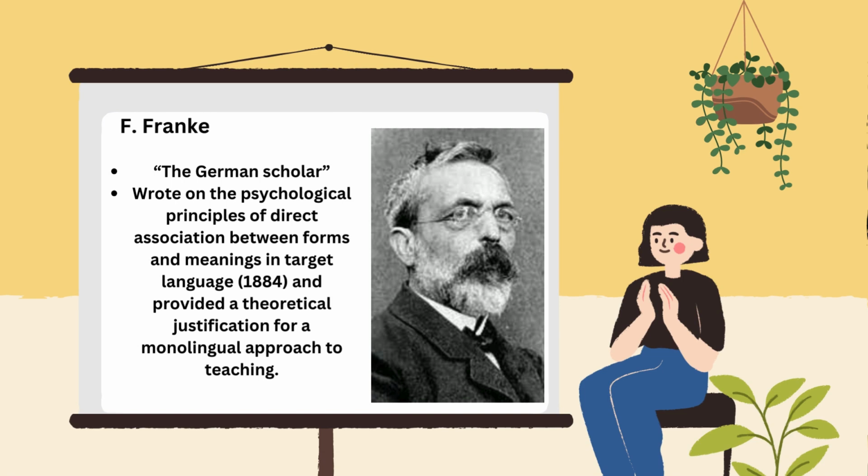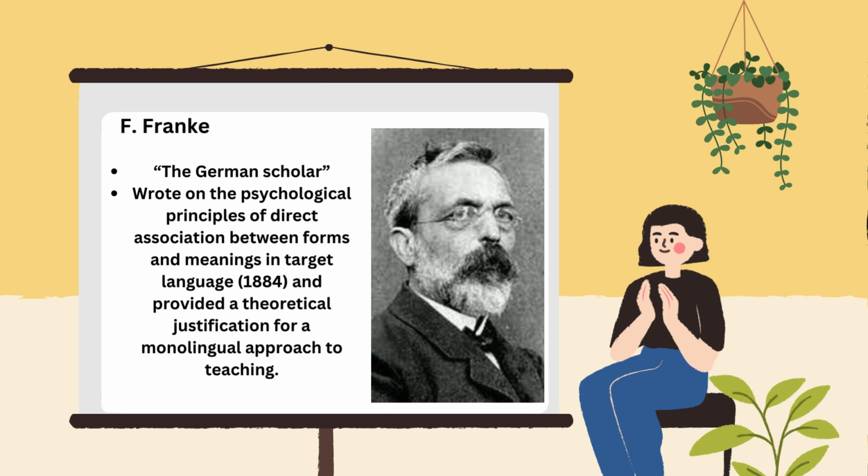The German scholar F. Franke wrote on the psychological principles of direct association between forms and meanings in the target language in 1884. He also provided a theoretical justification for a monolingual approach to teaching.